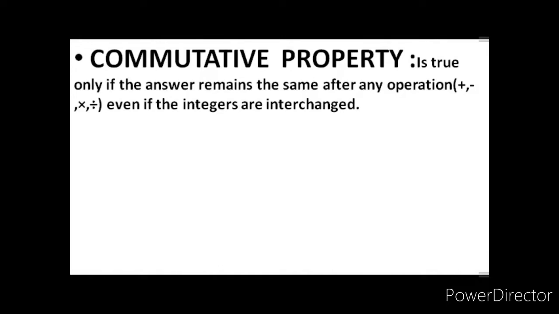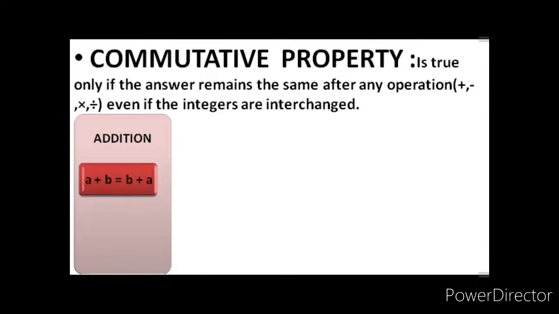For integers, addition of two integers does not change even if they are interchanged. That is, a plus b is equal to b plus a. For example, 5 plus 4 is equal to 4 plus 5. Therefore, commutative property is true for addition.